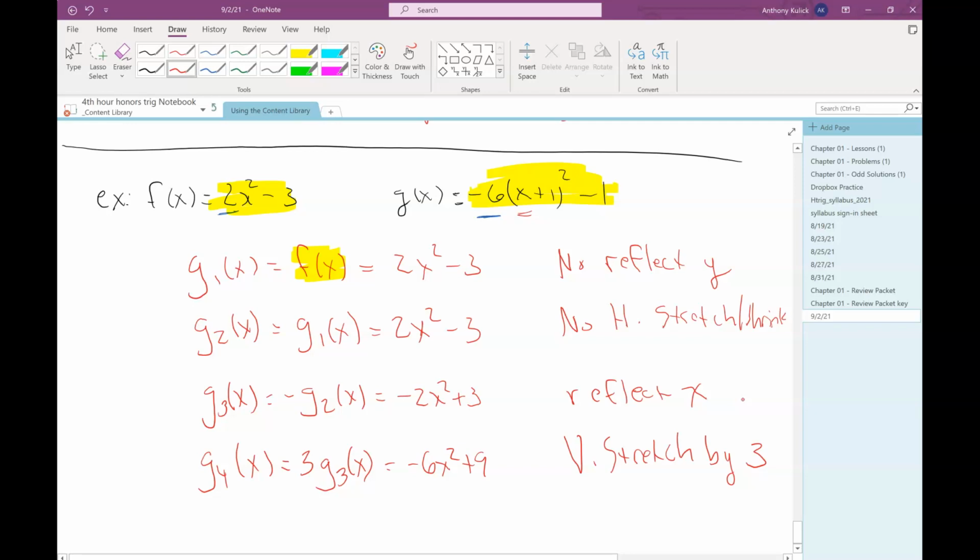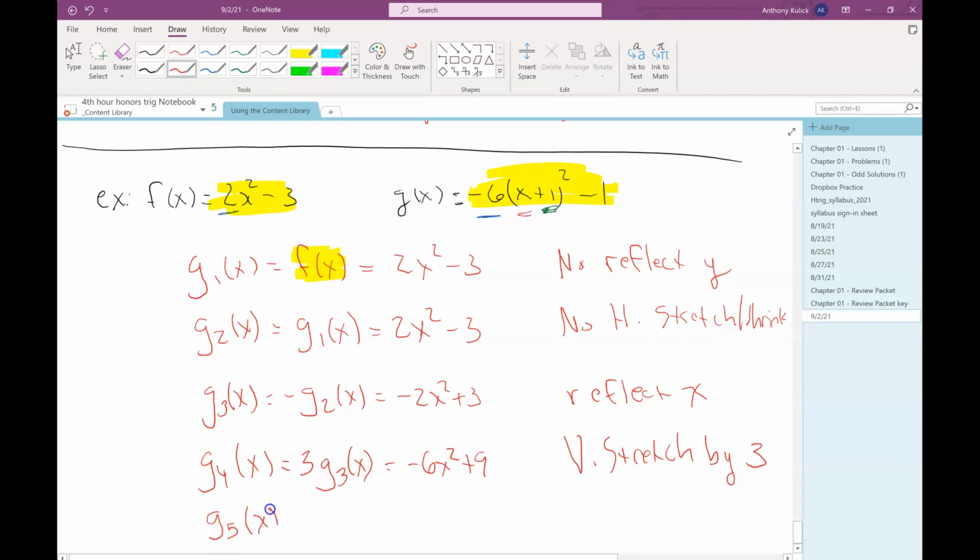Then I'm going to look for the horizontal shift. I see in here, inside attached to the x, there is a horizontal shift going on.